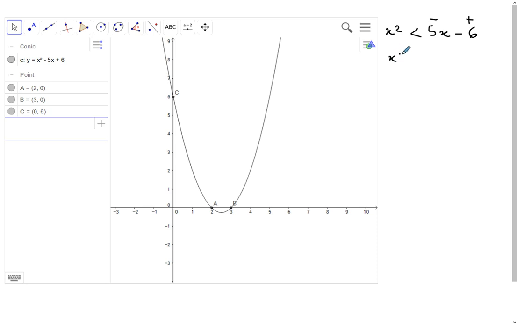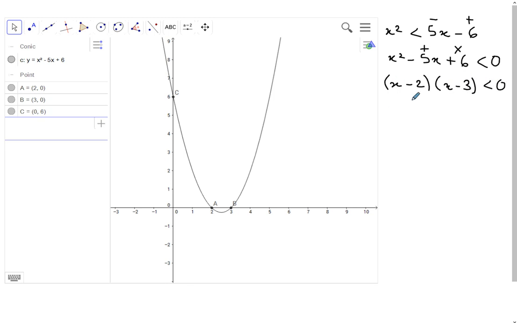So we've got x squared minus 5x plus 6 is less than 0, and solve it as if we're doing it normally. And so you're looking for two numbers that add to give minus 5, multiplied to give 6, and you get x minus 2, x minus 3 is less than 0.